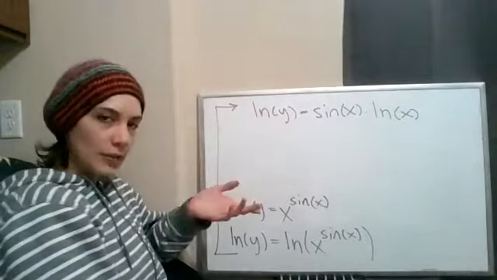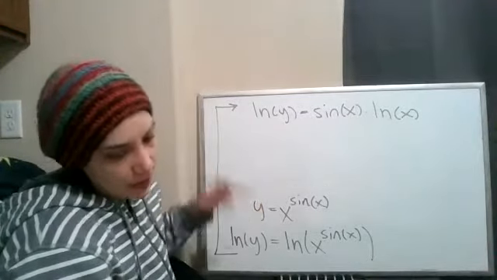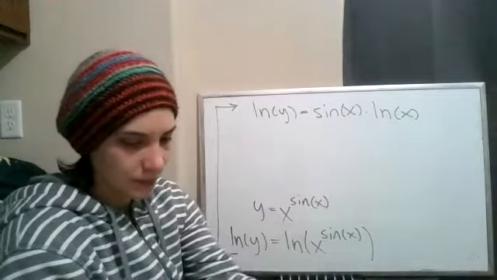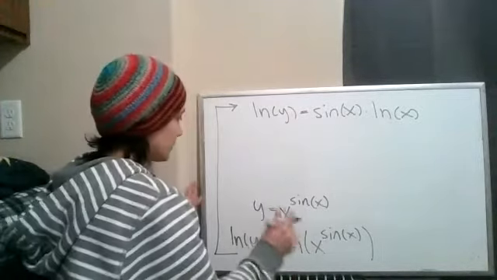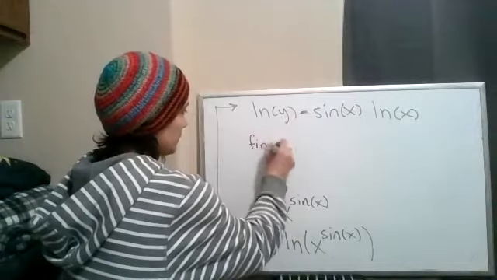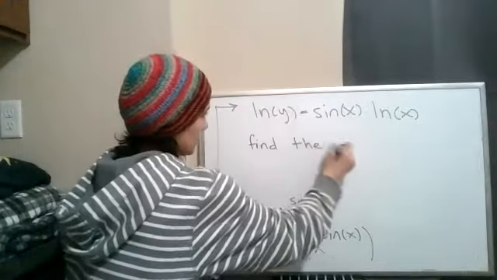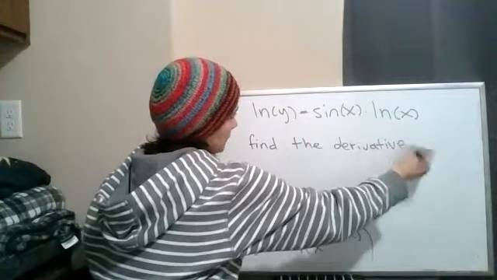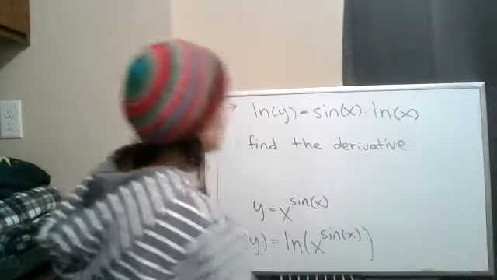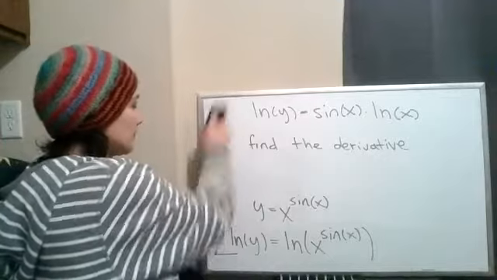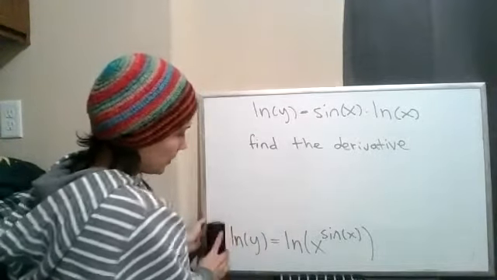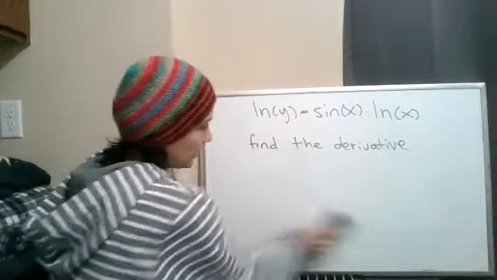I think now we'll take the derivative. So find y prime. Natural log both sides, and now we're going to find the derivative.